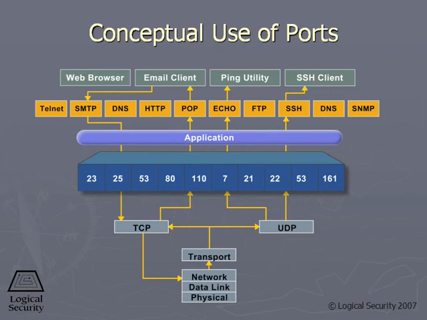Web browser is going to use port 80, and the protocol is going to be HTTP. Email clients will send email using port 25, the SMTP protocol, and will receive email on port 110, the POP3 protocol. These protocols usually map to specific TCP and or UDP port numbers.